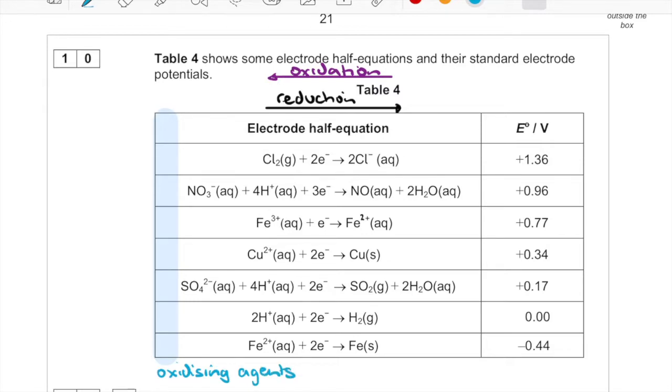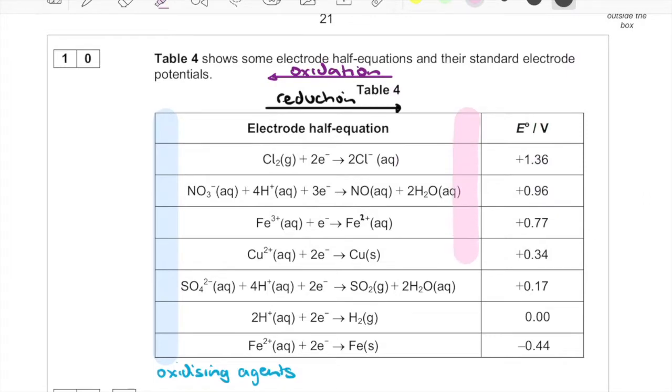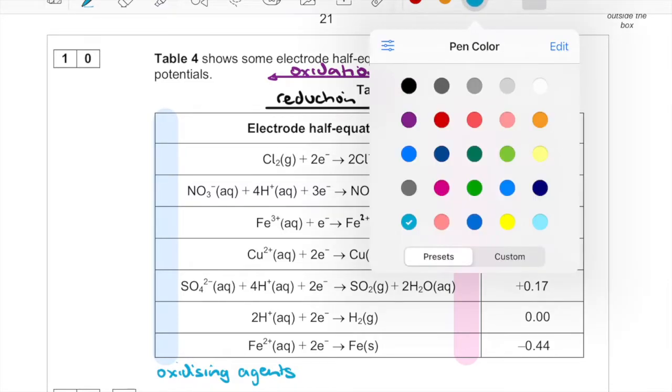Similarly, if we started on the right-hand side, going from chloride to chlorine, then the chloride is being oxidized, which means that anything on the right could act as a reducing agent. That's going to be helpful to answer a question in a bit.